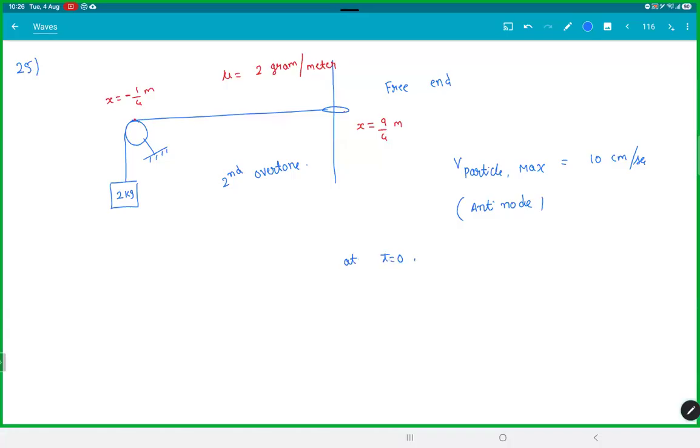At t is 0, all particles are at half of the amplitude and coming towards mean. Find the equation of the stationary wave.